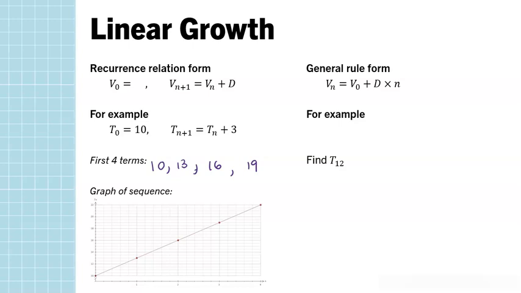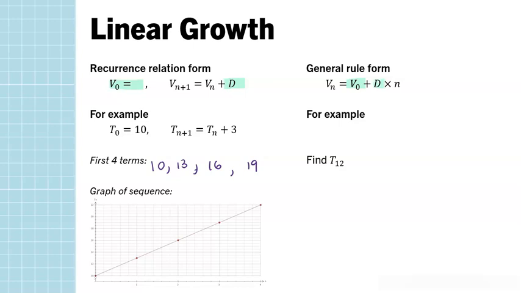If we were to transform this to a general rule form now, where instead of finding it recursively, if I wanted to be able to find what term 10 was or term 100, I want it in general rule form to be able to do that efficiently. So we take the main components here from our recurrence relation, being our value of V0 and our value of D, and we pop those into this general rule in their places.